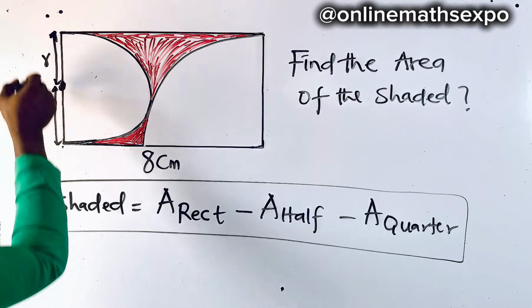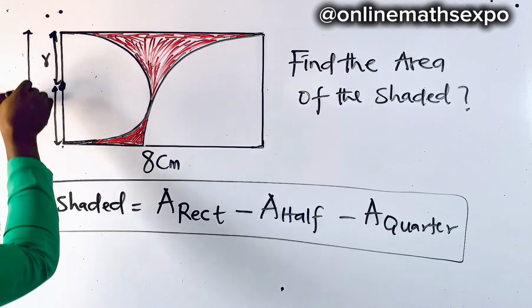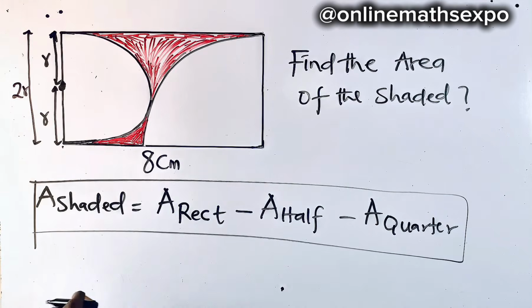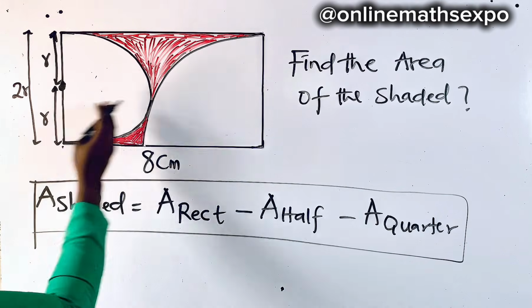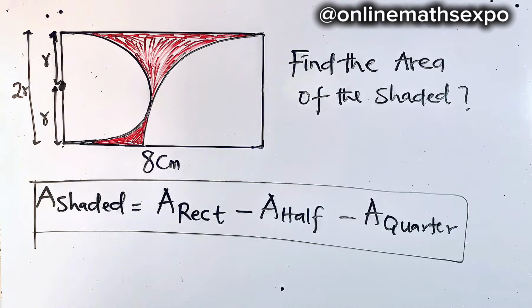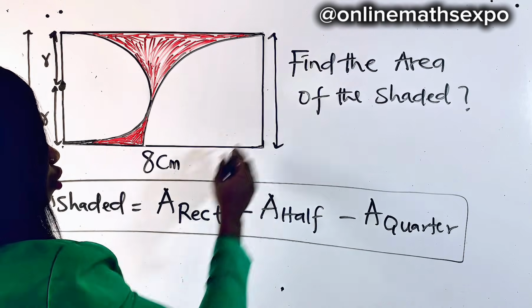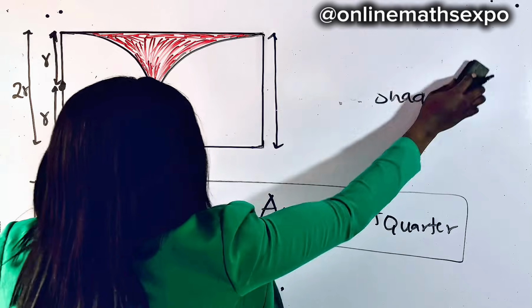So that when you add these two lengths together, it gives you a total length of 2r. It means that this length is 2r. And you know that the opposite sides of a rectangle are always the same. It means also that this length is also going to give us 2r. We can take this part off.